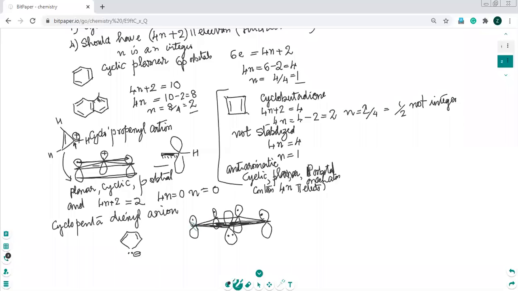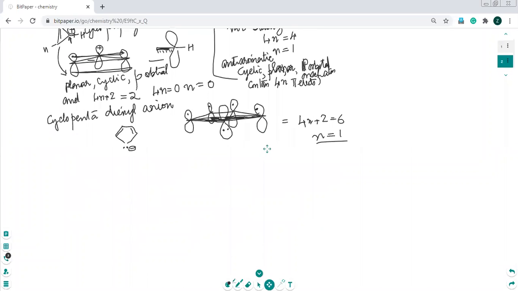Each p orbital contributes 1 electron. And this orbital only contributes 2 electrons. Now what is the total number of electrons? 6. So 4n plus 2 equal to 6, and n equals 1. So this is an example for an anion which is aromatic.